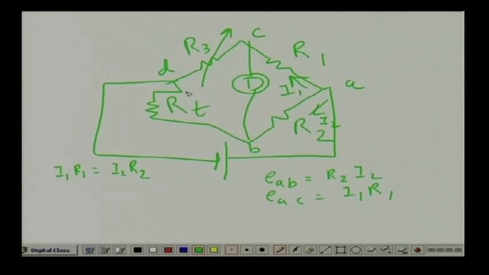Similarly, on this side, at balance no current will flow through the detector. So, on this side I can write EDB will be equal to I2 into RT, and EDC the same, with I1 flowing through this, I1 into R3.